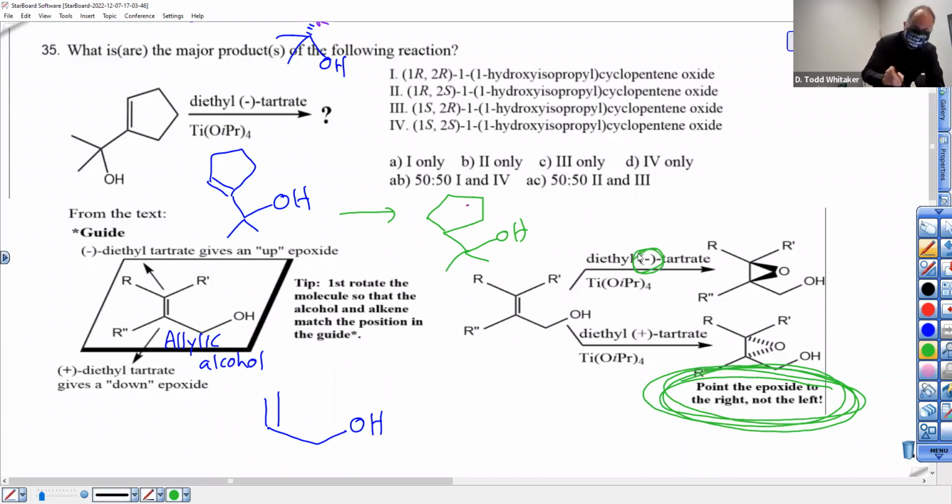So you got to follow this guide carefully. Here's your epoxide. Wedges to the right. Okay? And for doing stereochemistry, we're going to have to do a dash here. And a dash here.